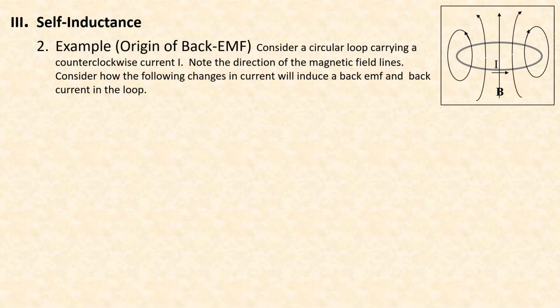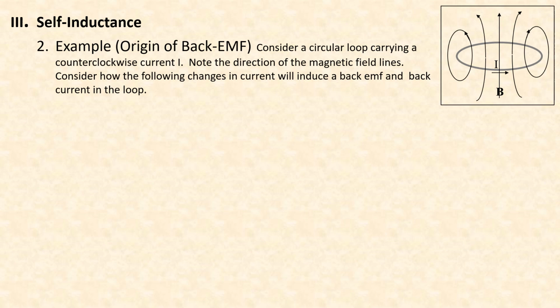When you look at the picture, remember that we use the right hand rule by placing the thumb of our right hand in the direction of the conventional current, and we see that our fingers will point in the interior of the loop in the direction of the magnetic field.